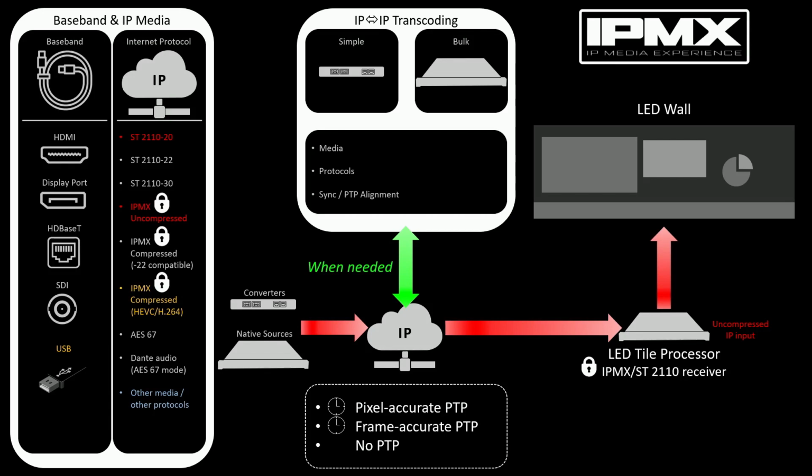Different types of networking conditions, either pixel accurate PTP like a 2110 environment, or a line accurate or a frame accurate network. If you just want to synchronize 4 monitors and take a content and display it on a mini video wall, and you want to use PTP to make sure that the refresh of all of the monitors is the same, or networks with no PTP.